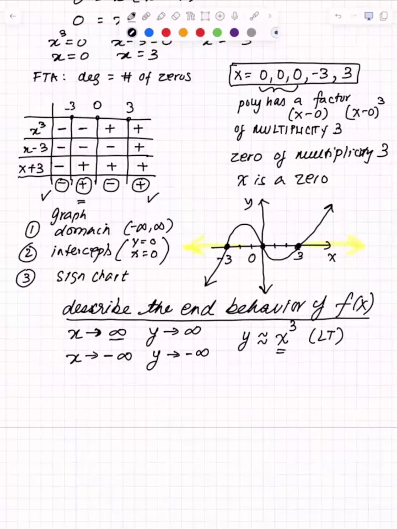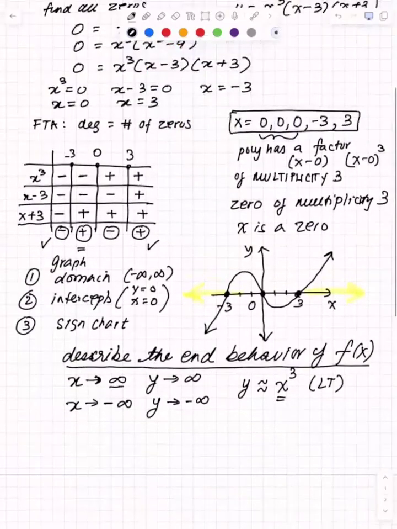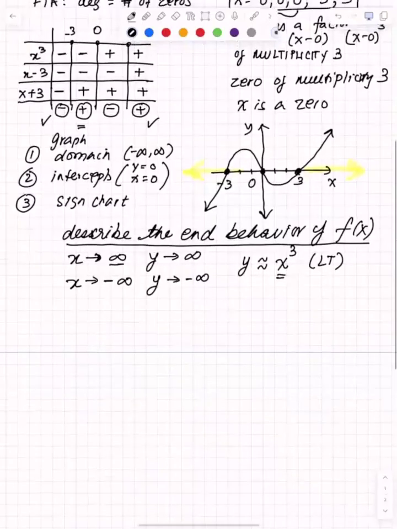Now, we did not need to describe the end behavior in order to sketch our graph. We just did the intercepts, made the sign chart, sketched the graph. There is another way to sketch polynomials, and it's good to know it. I'll do this with an example.